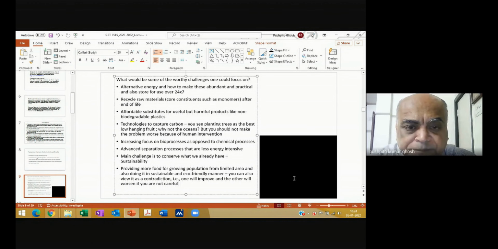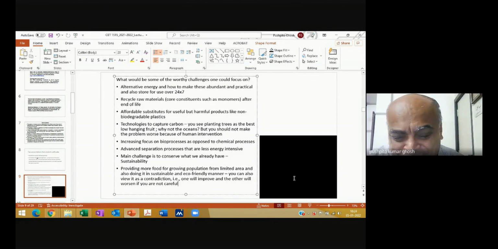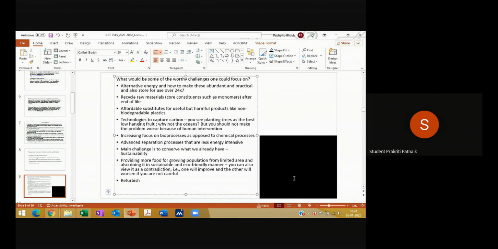Anything else? We can repurpose existing products. Wonderful. Refurbish existing products means things which have gone damaged? No, what I meant was if we have an existing compound, we can find an alternative usage for it.